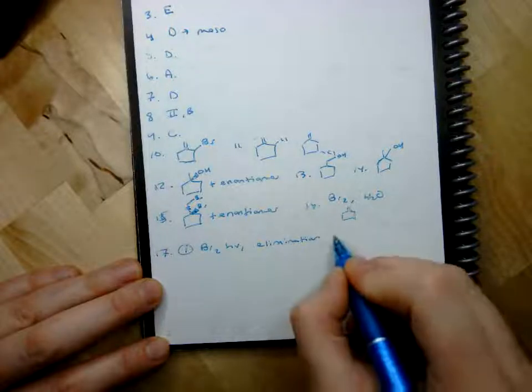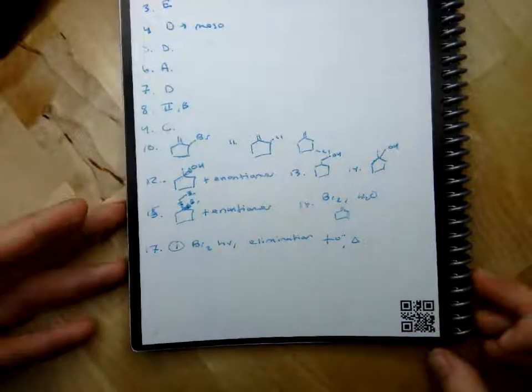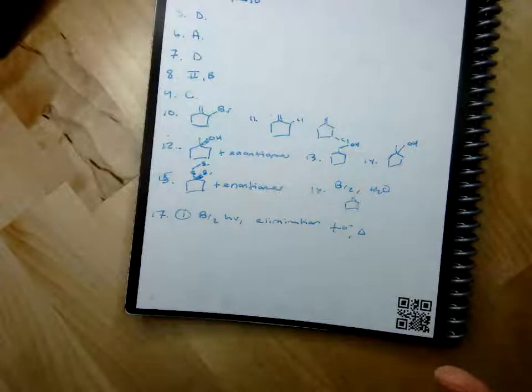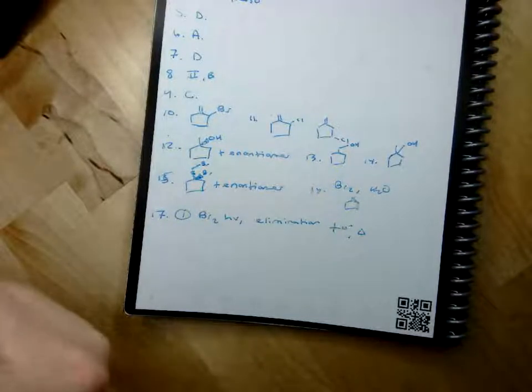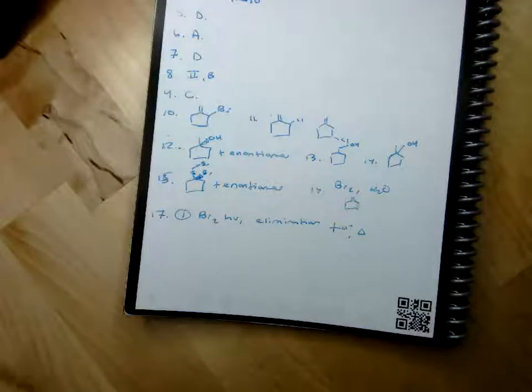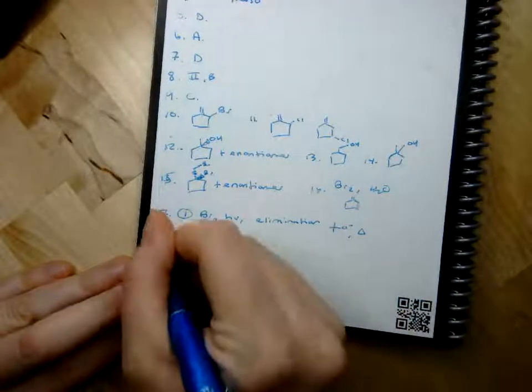And for the elimination, whatever your group chose to do is fine, but I would probably go for this. And I can look at your group's work and figure out what you were thinking and if it works. So that's what I would do for 17.